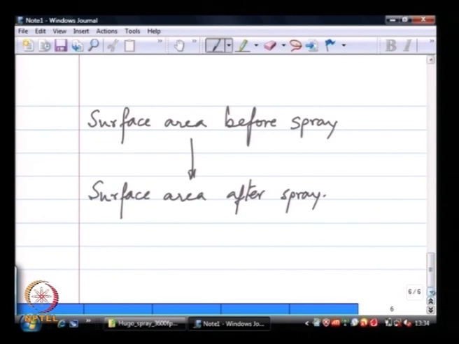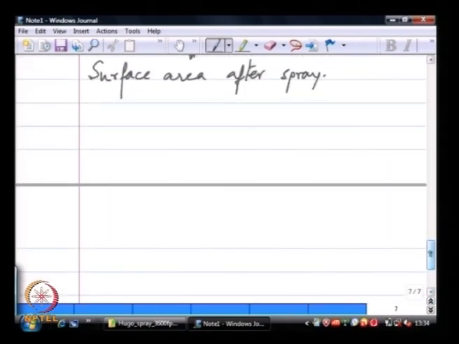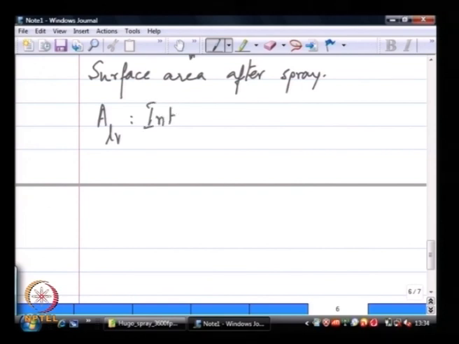Okay. So, essentially if I take the total surface area, I will call this A_LV, standing for the interfacial area.